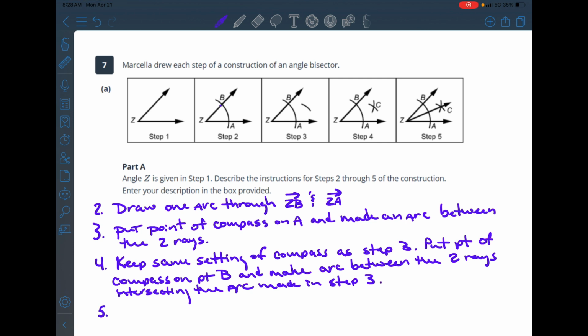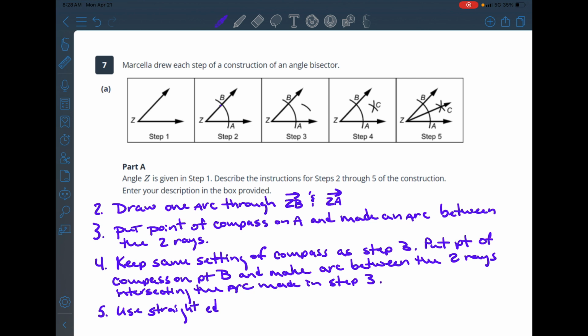Okay, step 5, what's different? Well, they use a straight edge, and they made a ray from Z through C. So use a straight edge, because those are our only tools we can use, are the compass and the straight edge for constructing.